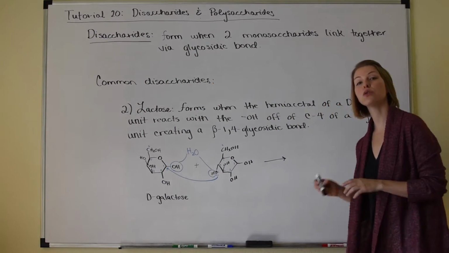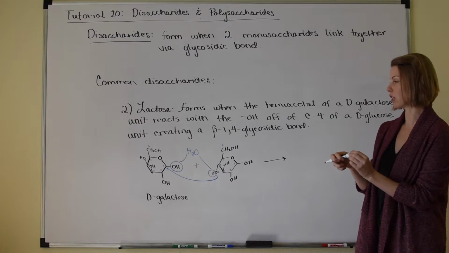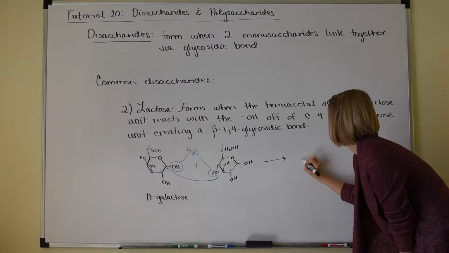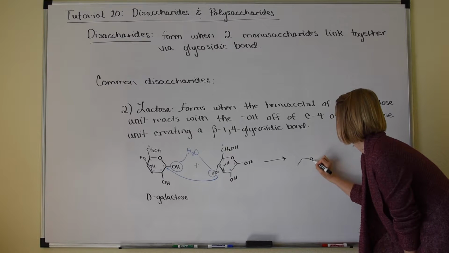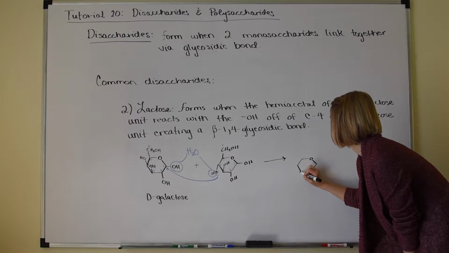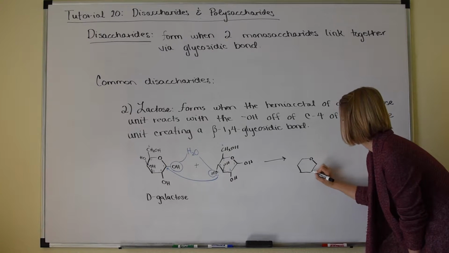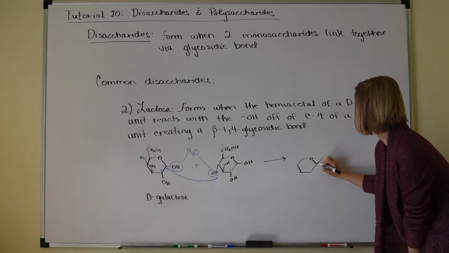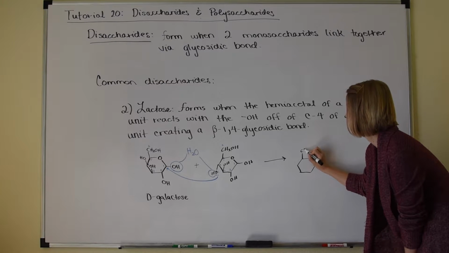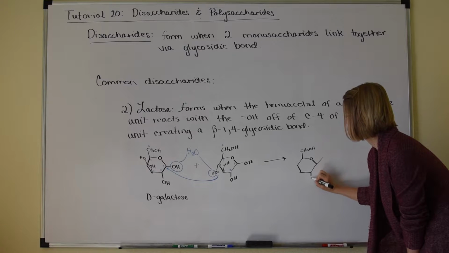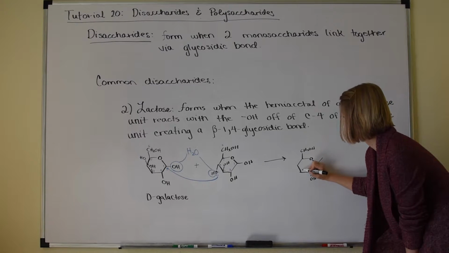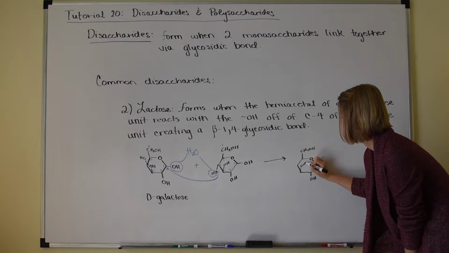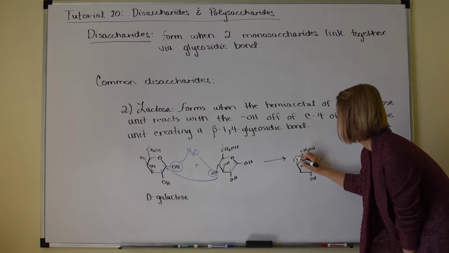So what does our new disaccharide look like? We're going to draw our galactose first. And remember, it's going to be a beta 1,4 glycosidic bond, so my glycosidic bond is going to be pointing up, same side as the CH2OH, and then all of these OHs stay the same, so down, up, up.